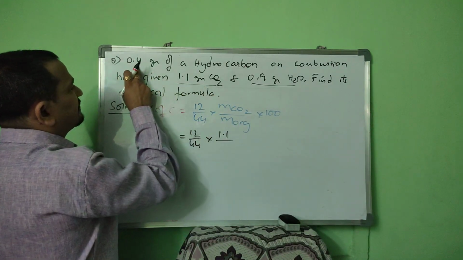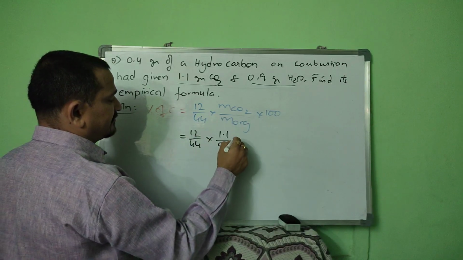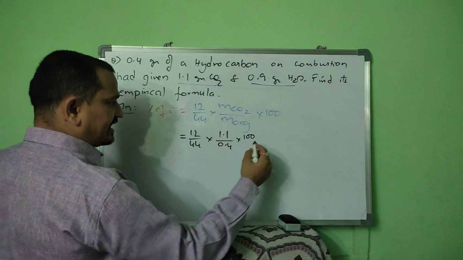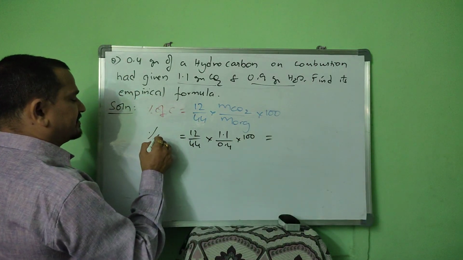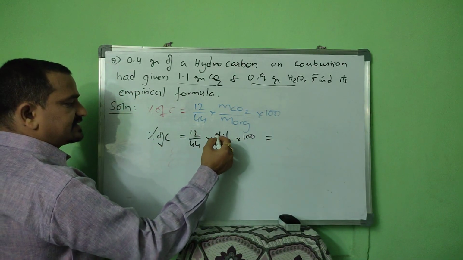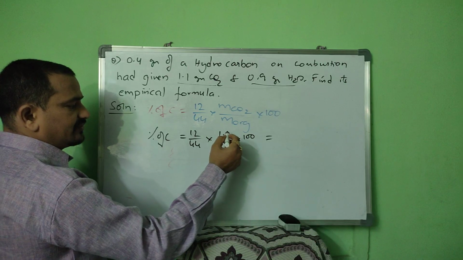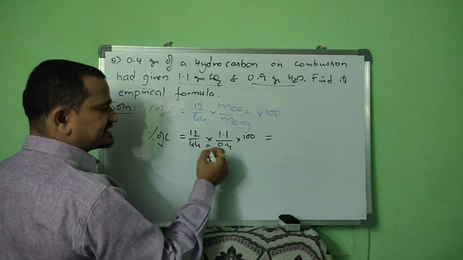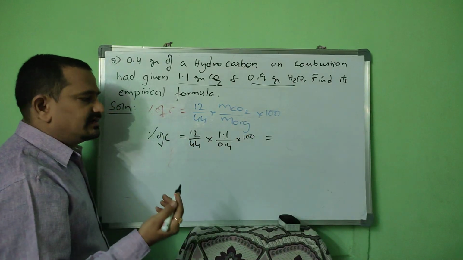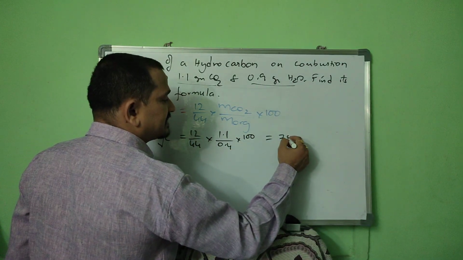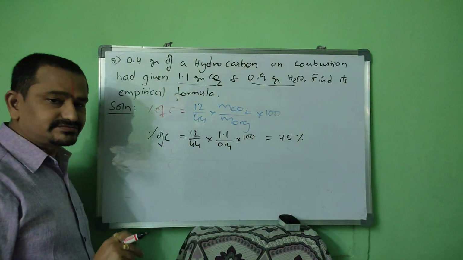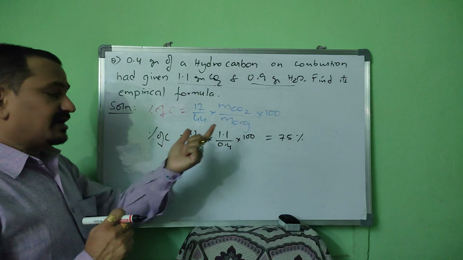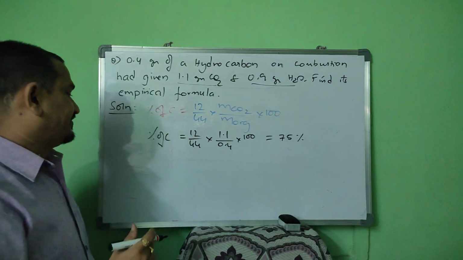Out of total mass of organic compound is 0.4 into 100. Right? If you calculate this percentage of carbon, you will get approximately 75%. So percentage of carbon we obtained here as 75.